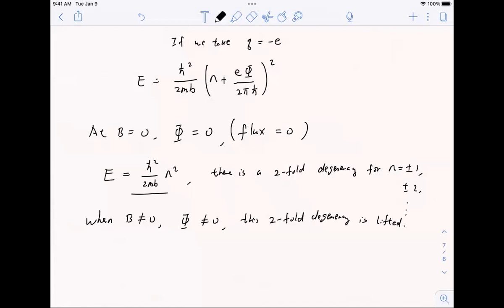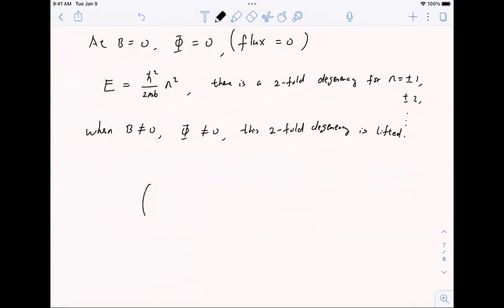I mean, you can easily see that this degeneracy should be related to a time reversal symmetry. That means the particle going this way and going the other way, they are the same. However, once you apply a B field, then let's say this is the loop.